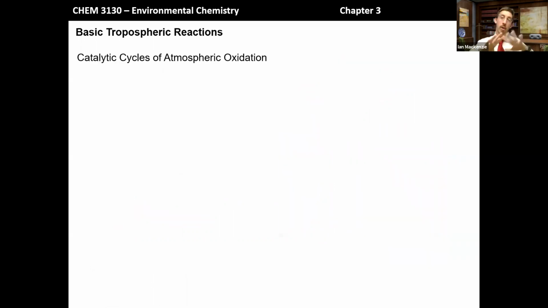So let's put all of this together into one kind of large catalytic cycle here. So if we start with hydroxyl radical as the main species, the one we focus on, and it kind of kicks off the whole sequence, what I can note is if I just take carbon monoxide as an example, and this is just an example, it could react with any number of other species, but if it reacts with carbon monoxide, we generate this initial transient carbon-centered radical, via addition of the hydroxyl radical to the carbon-oxygen triple bond to then form a double bond and then a radical on carbon.